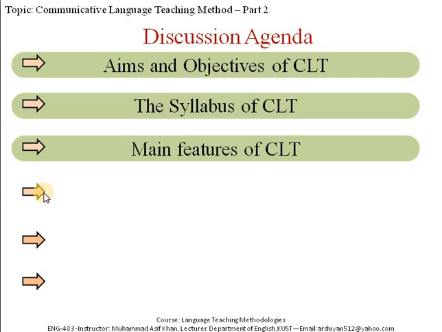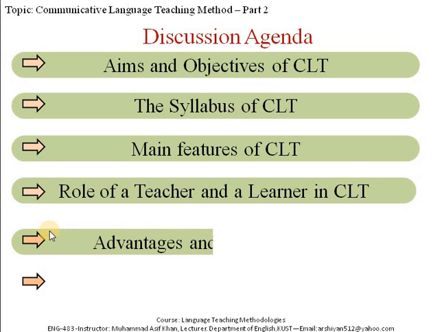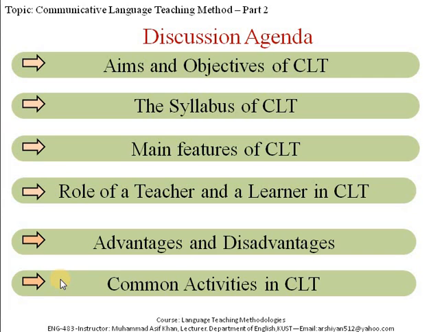We will also discuss the role of teacher and learner in this method, and after that the advantages and disadvantages of this method. At the end of this lecture, I will give you some of the common activities that are used in CLT classes. So this is the agenda for today's discussion.